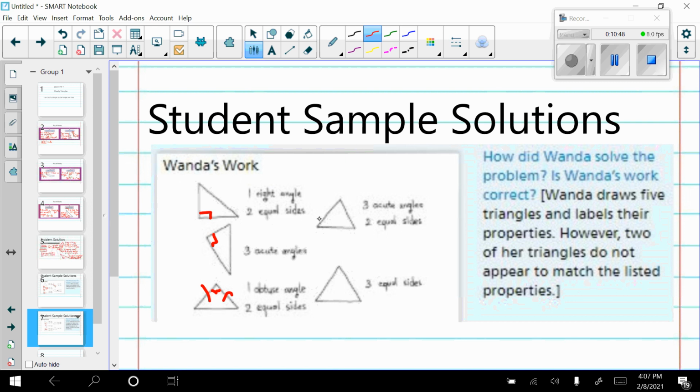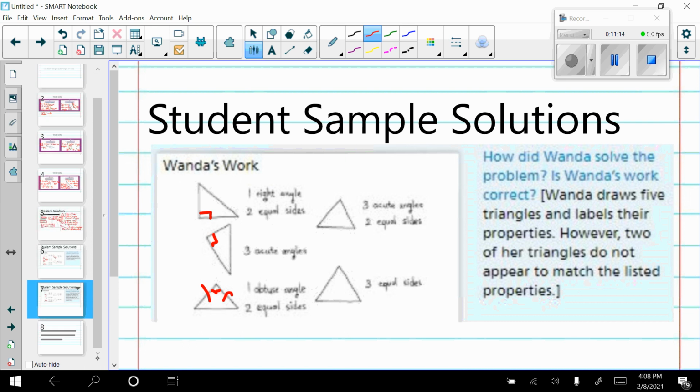It looks like they're all equal. And then 3 equal sides. There's their equilateral triangle. Wanda has some issues with hers. She doesn't have all the accurate labels for her triangles, which it says Wanda draws 5 triangles and labels their properties. However, 2 of the triangles do not appear to match the listed properties. And I would agree with that.